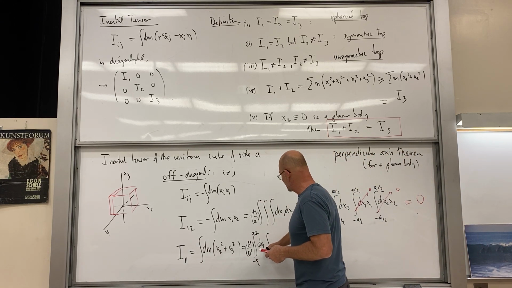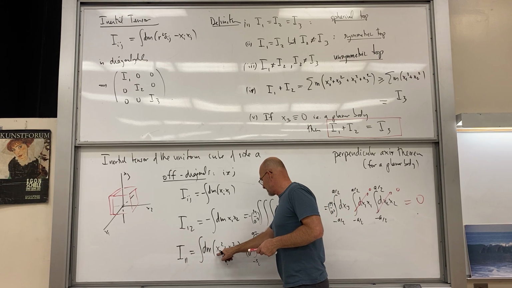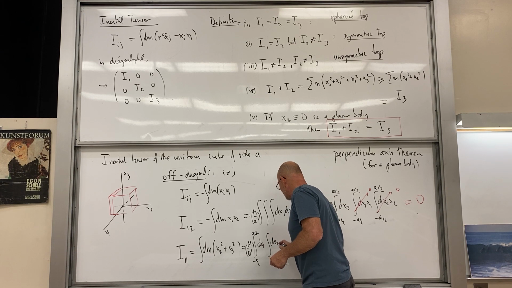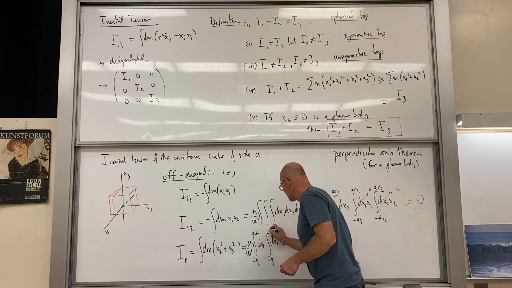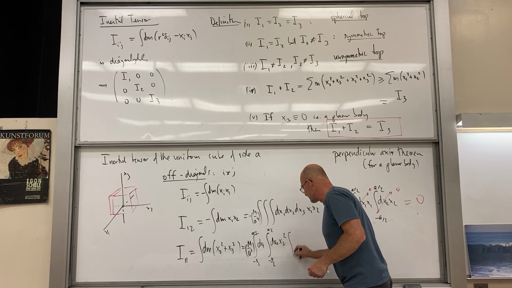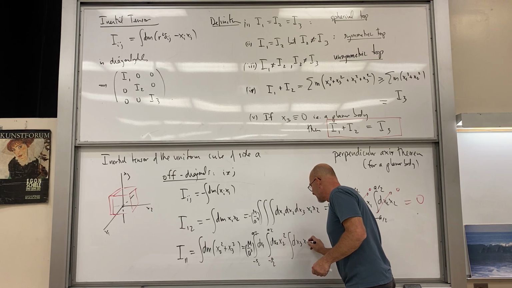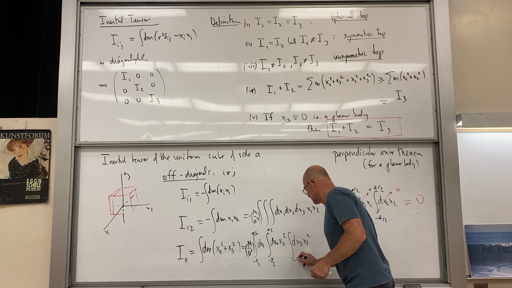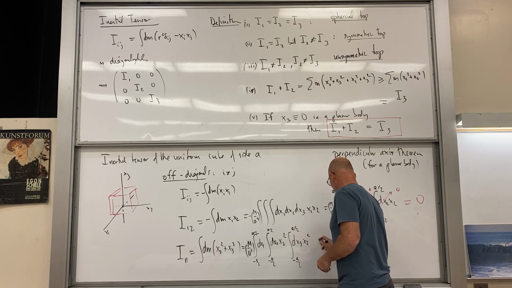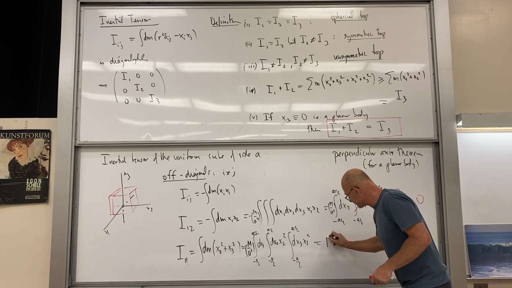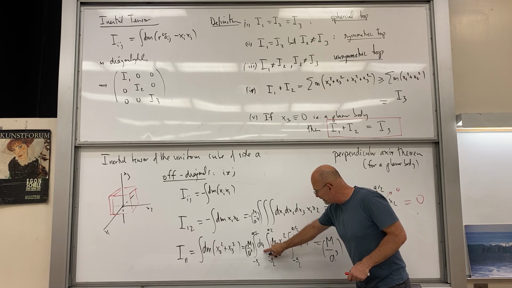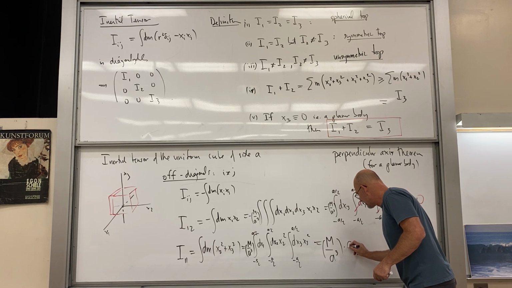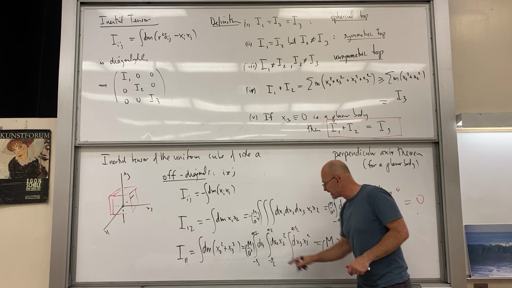So the dx1 has nothing to integrate over except for 1. Then we have dx2, x2 squared, minus a over 2 to a over 2. And then we have dx3, x3 squared. So let's see if we can just knock this out. We've got m over a cubed. This one, of course, is just going to be a, right? Minus a over 2 and plus a over 2.